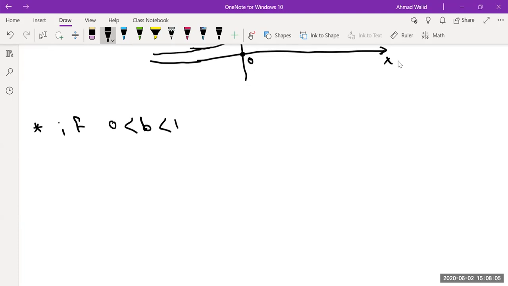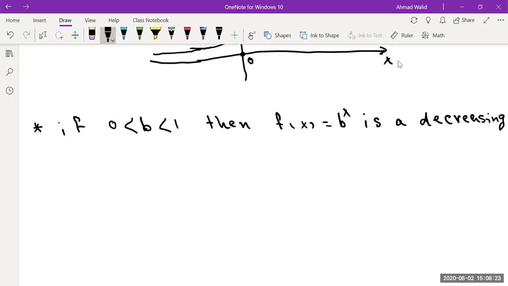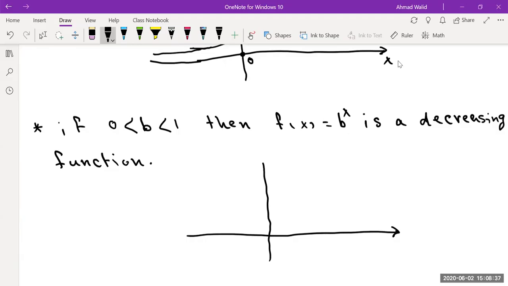In this case, f of x equals b to the power of x is a decreasing function. It means you will end up with a graph like this.